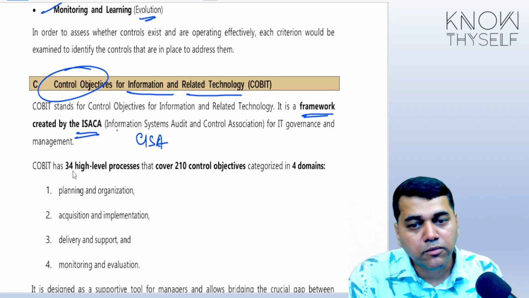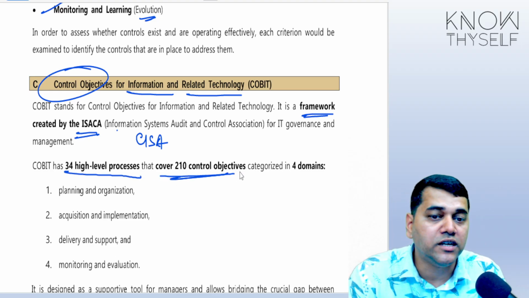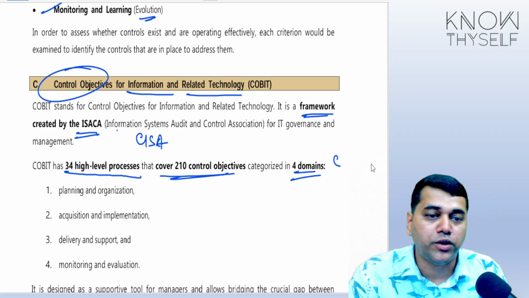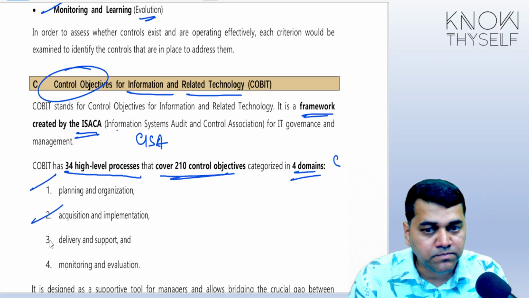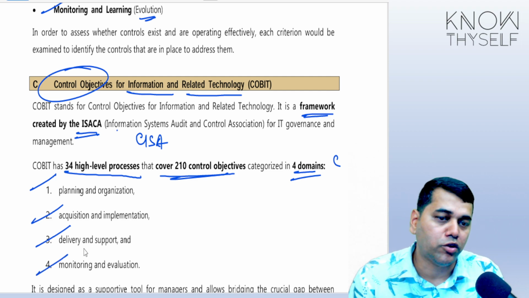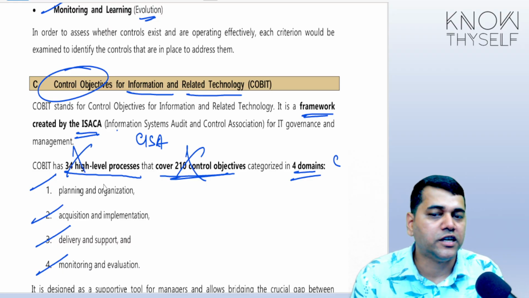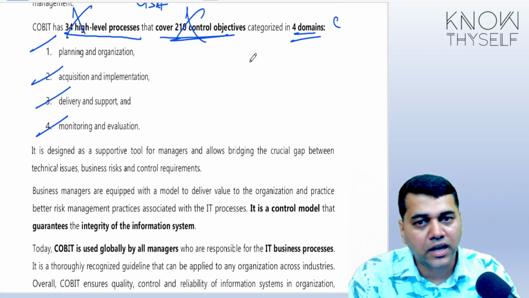Now they have come with 34 high-level processes covering 200 control objectives in 4 domains. Domains are more like your components: planning and organization, acquisition of the system, delivery and support, and monitoring. So these are, and they have not discussed the 210 objectives and 31 processes. Only 4 domains they spoke. This is also one of the high-level things.